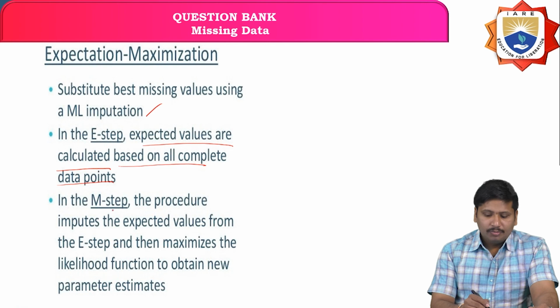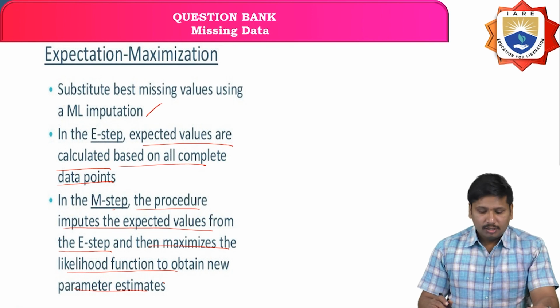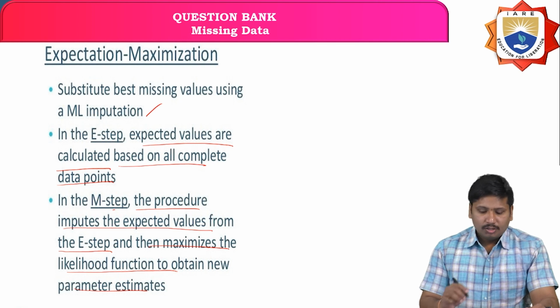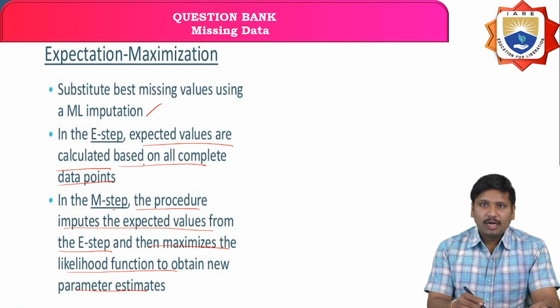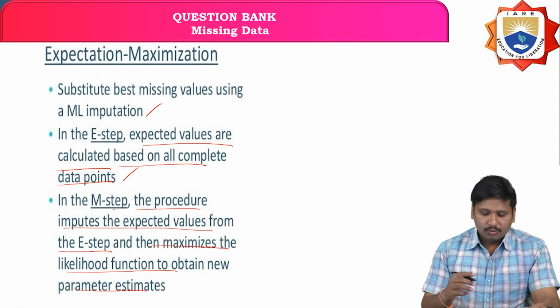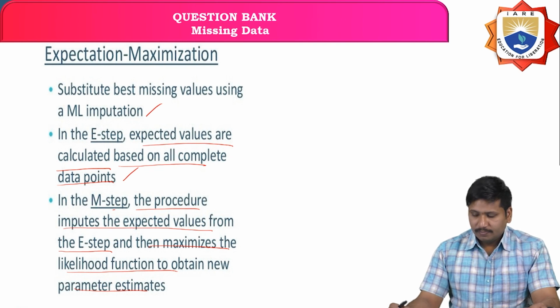And in the M step, the maximization, the procedure imputes the expected values from each step and then maximizes the likelihood function to obtain the new parameter estimates. So in the expectation step, the expected values are calculated based on complete data points, and in the M step the procedure fills the missing value with the expected value, and then we maximize the likelihood function to obtain the new parameter estimates.